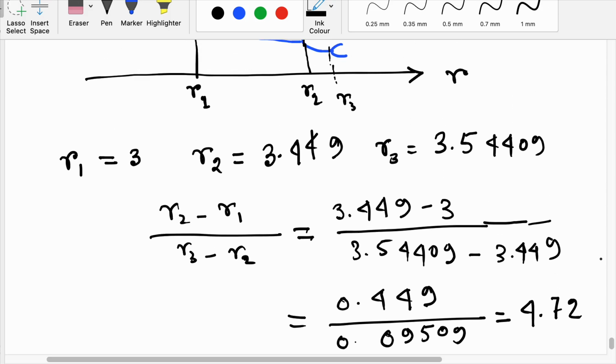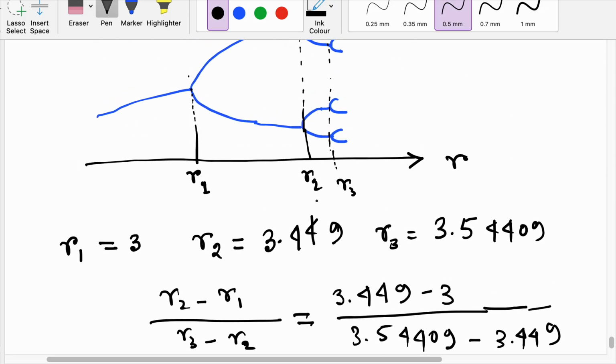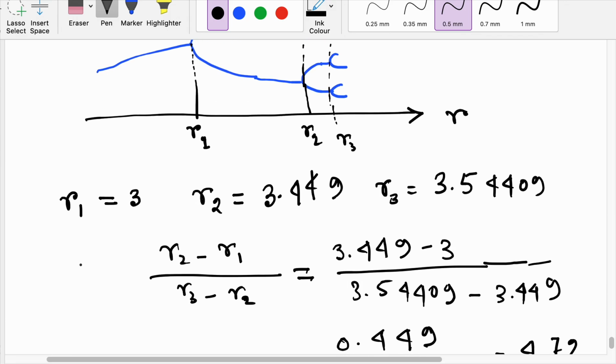If you calculate the values for r3 and r4 as well, suppose this is delta prime, and you calculate this delta prime for every such value, you will find that the differences between successive bifurcation points are decreasing geometrically, converging geometrically to a particular delta.